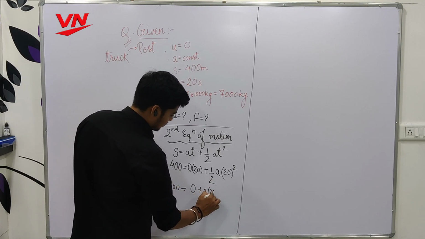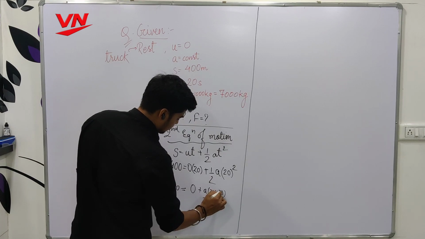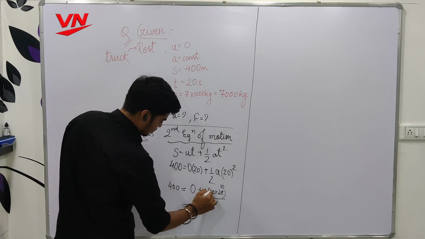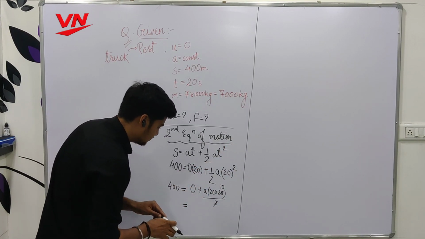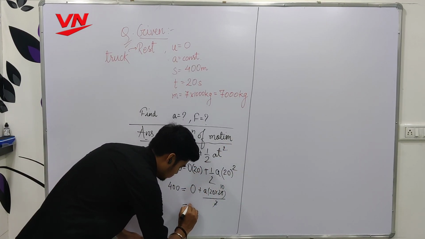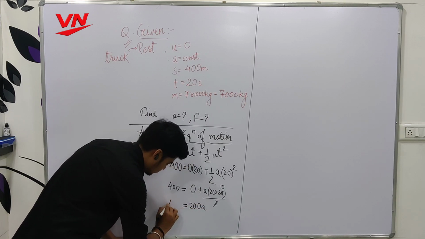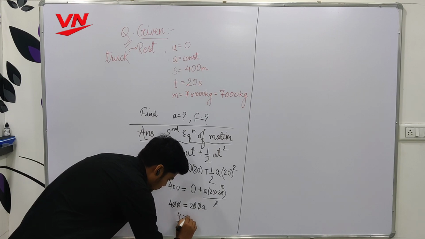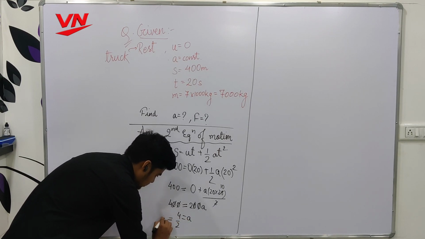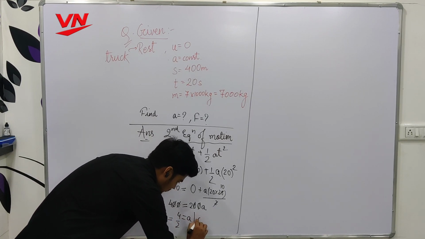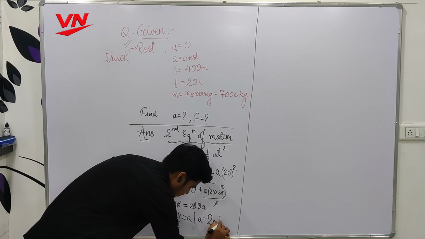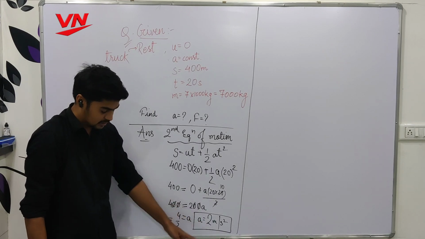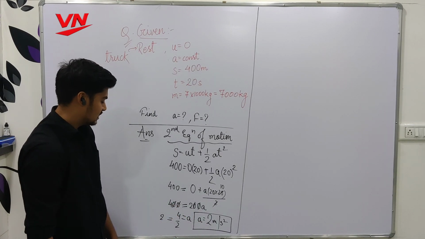You can also write 20 into 20 divided by 2, which is 200. So 200a equals 400, the zeros cancel. 4 by 2 is your acceleration, which means acceleration is 2. We can say acceleration is 2 meters per second square. Acceleration is constant, but the magnitude of acceleration is 2 meters per second square.